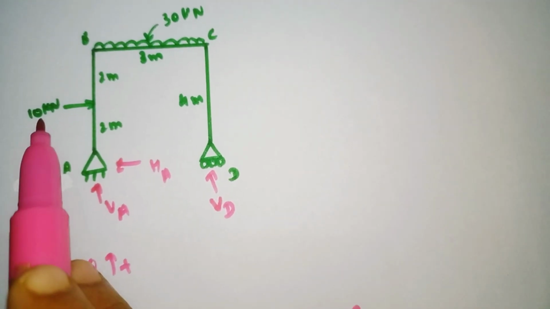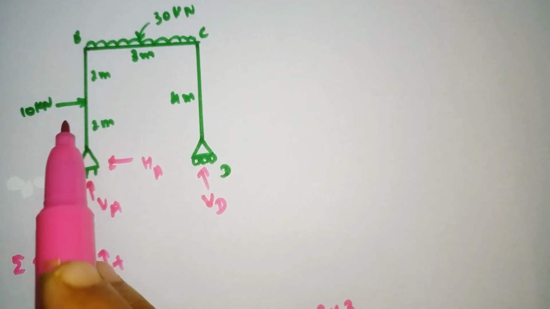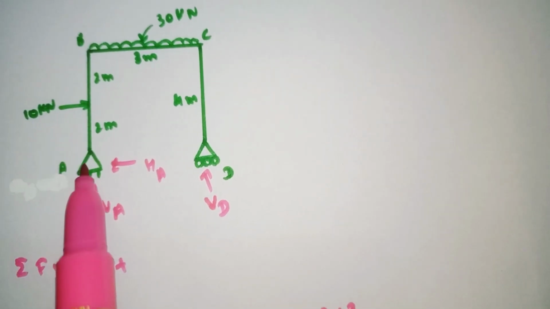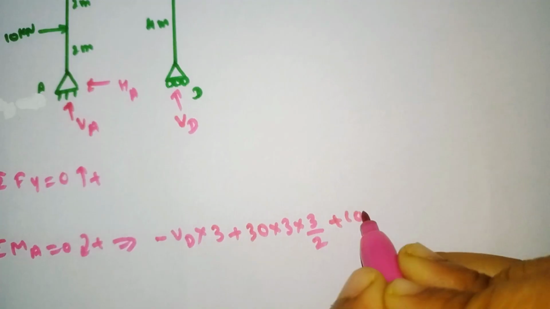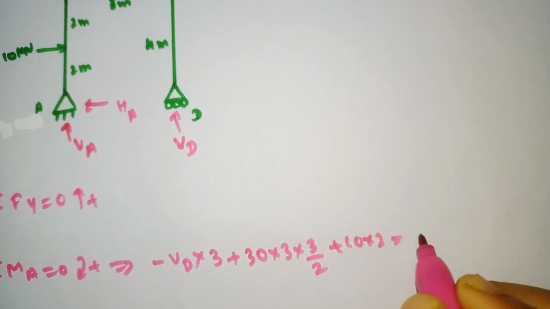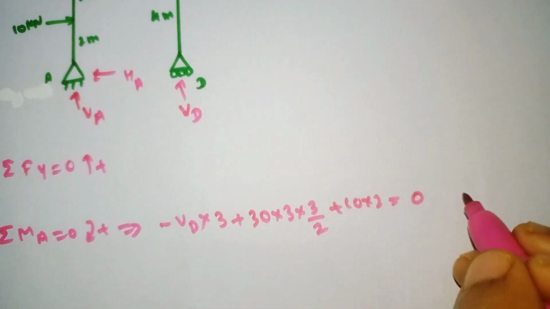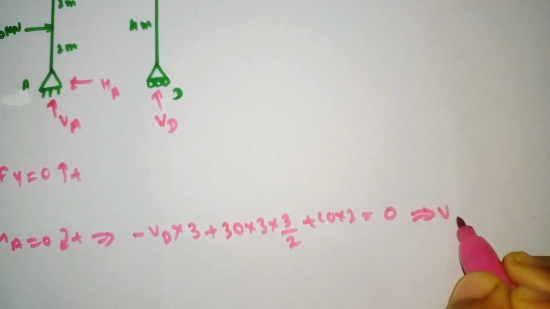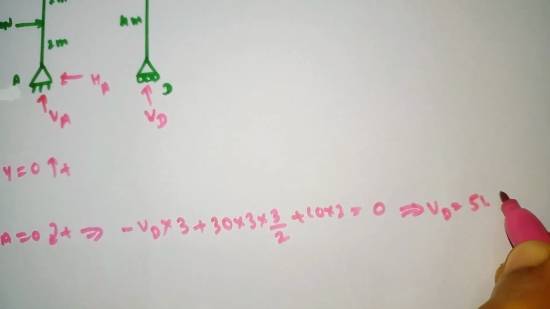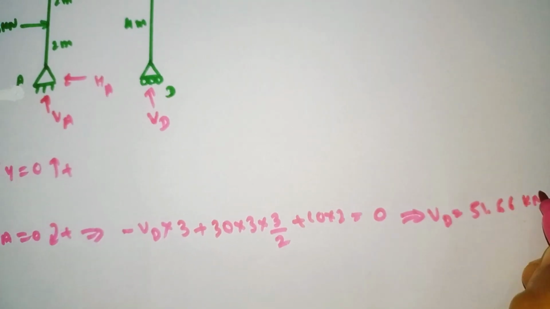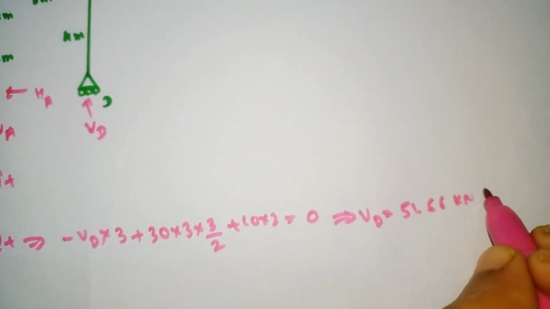And the 10 kilonewton point load also rotates clockwise, so plus 10 into a distance of 2 meters, equal to 0. Now solve it. Our VD comes out as 51.66 kilonewton. It is positive, meaning upward.